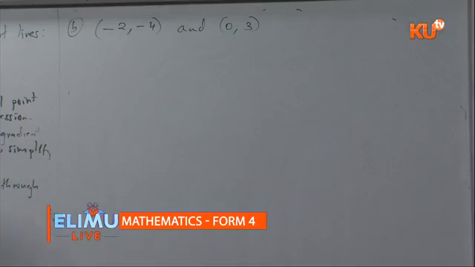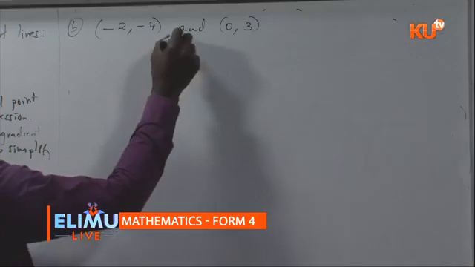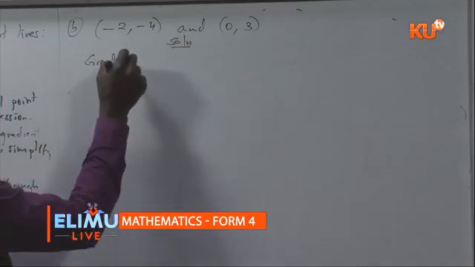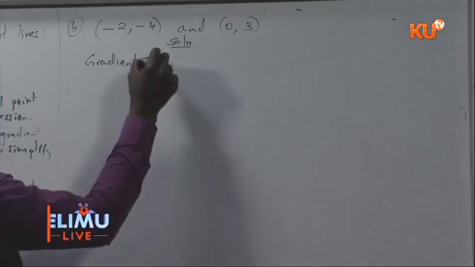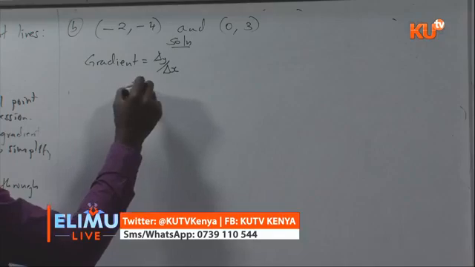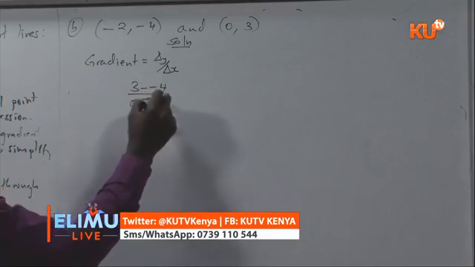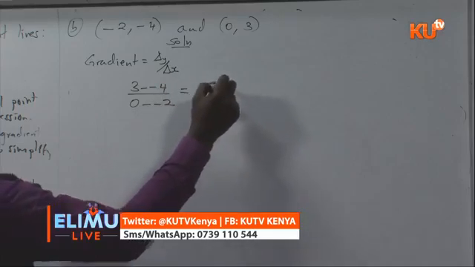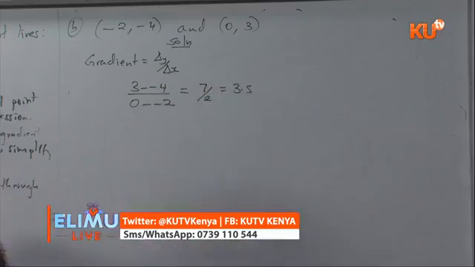Again, step number 1, we obtain the gradient, and the gradient will be equal to change in y over the change in x. And so we have 3 less negative 4 over 0 less negative 2. And this gives us 7 over 2, which is 3.5. Our gradient is 3.5.